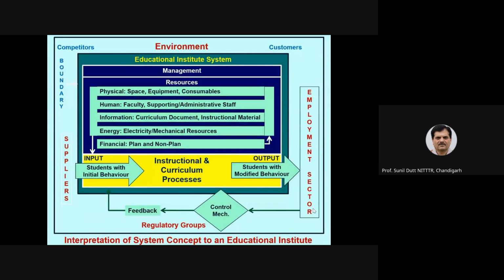Now, if you look at the technical institution as a system, we have students as inputs, the teacher, the information resources, and the output. And the purpose of the technical education system is to develop among students knowledge, skills, and attitude.